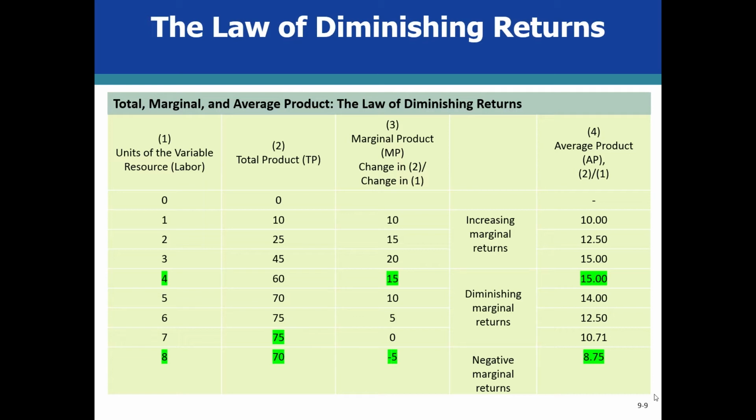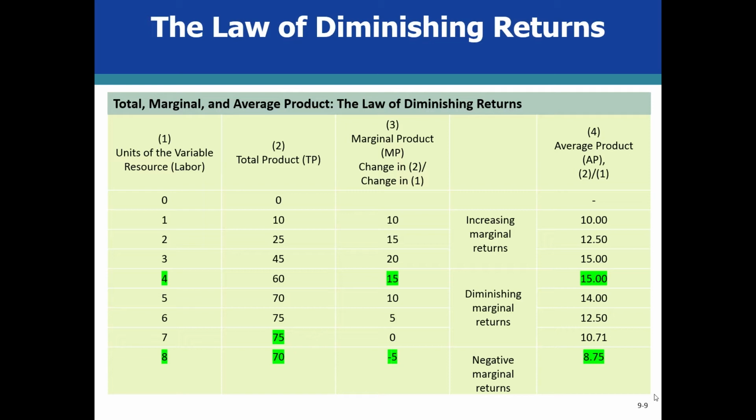The average product in column 4 is just the total product divided by the total resource input. I'll just point out here that at a variable resource labor of 4, the total product is 60, and therefore the average product of 60 divided by 4 is 15. So that kind of sets the table.